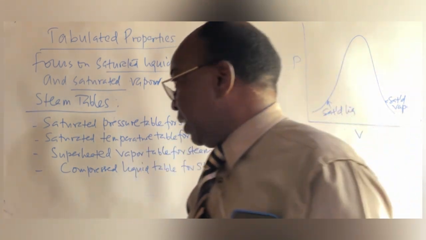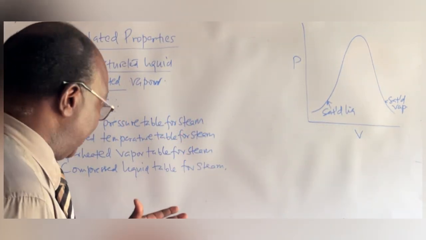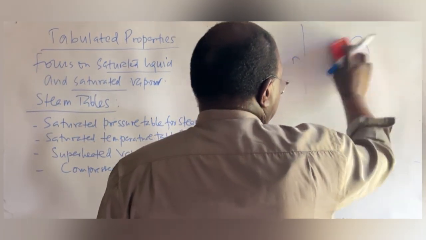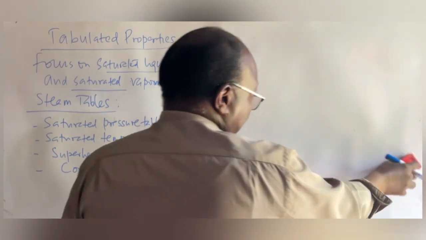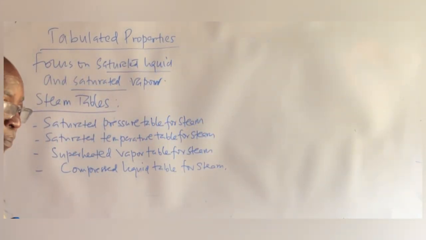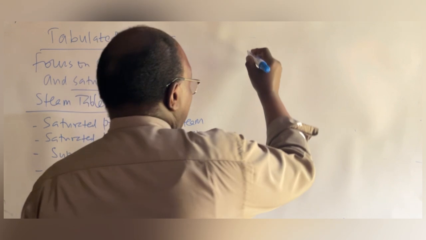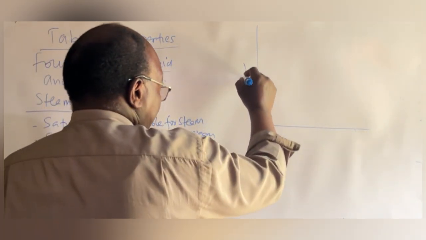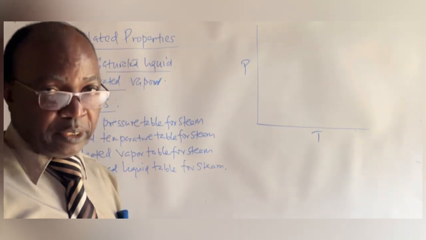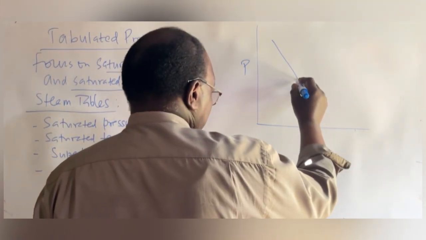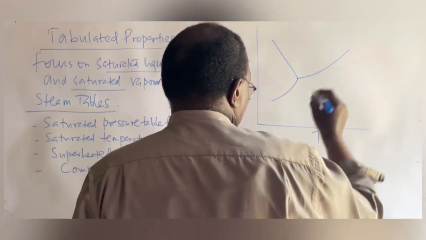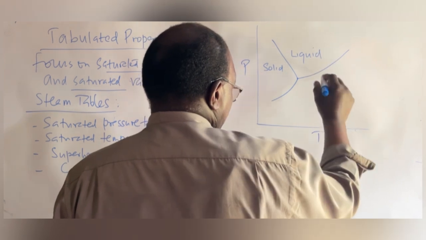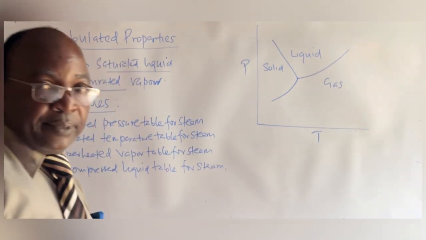Now, what is the reference, for example, for pressure in the steam table? If you remember, in other lectures we have talked about phase equilibria. If you take water, for example, the pressure-temperature profile would be that. We have solid, liquid, and gas or vapor.